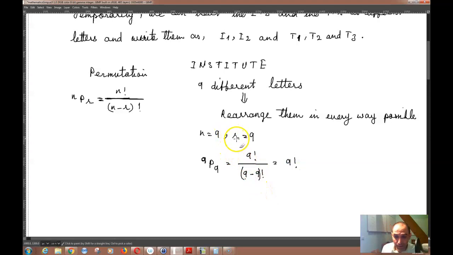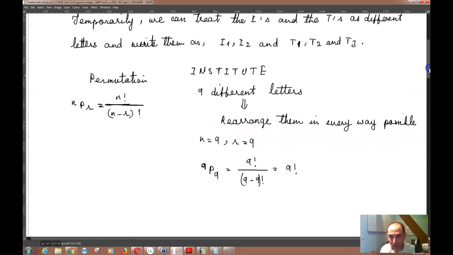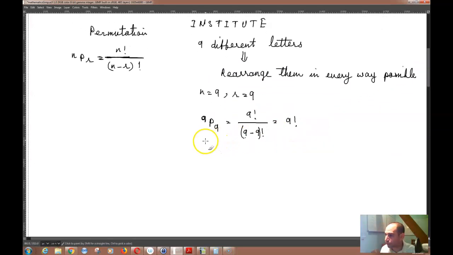But the problem here is that we again get into the trouble that we got into with the word root.